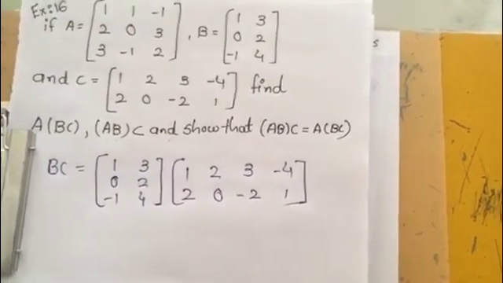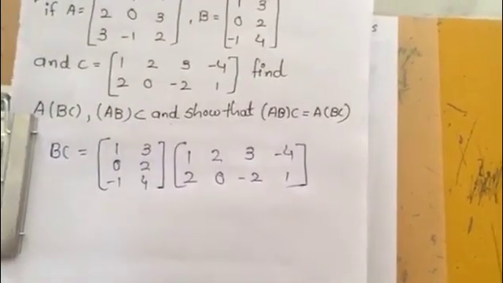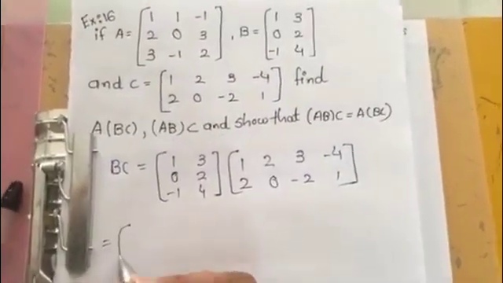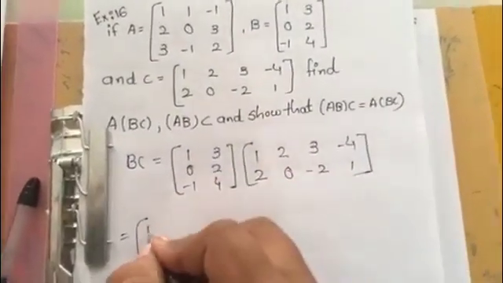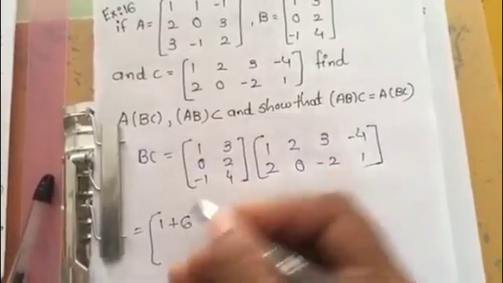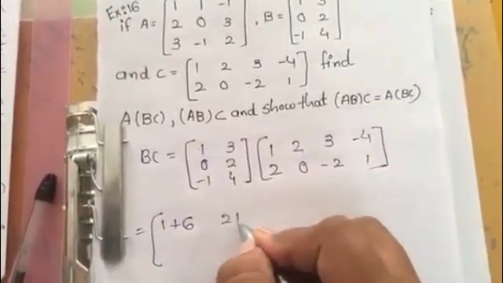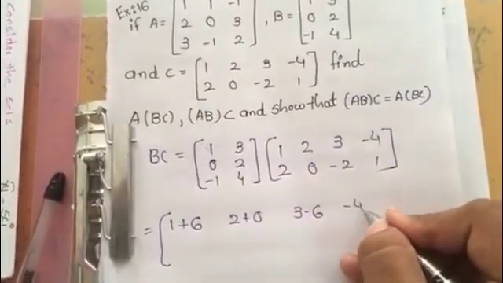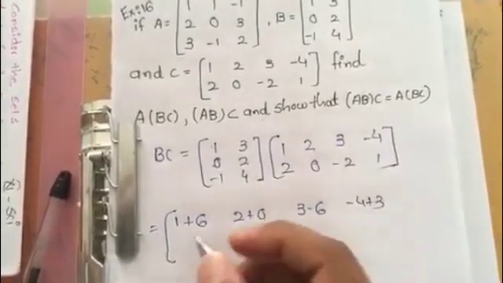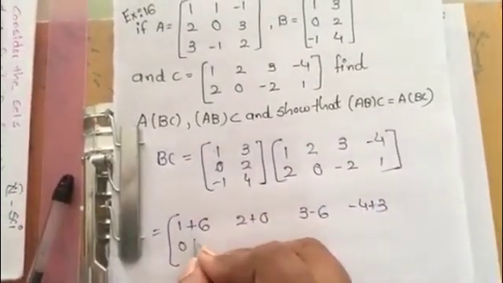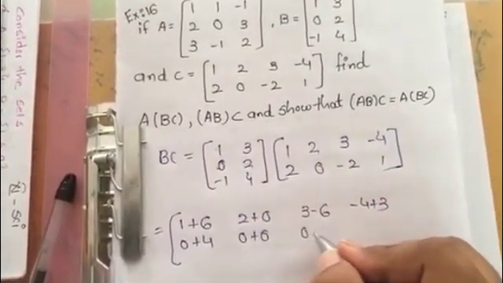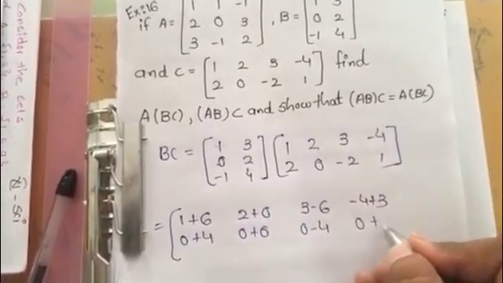Now let's find the multiplication of B into C. Okay, let's start. Here, look: 1 into 1 is 1, plus 3 into 2 is 6; 1 into 2 is 2, plus 0; 1 into 3 is 3, minus 6, minus 4, plus 3; 0 into 1 is 0, 2 into 2 is 4, 0 into 2 is 0 plus 0, 0 minus 4, 0 plus 2.